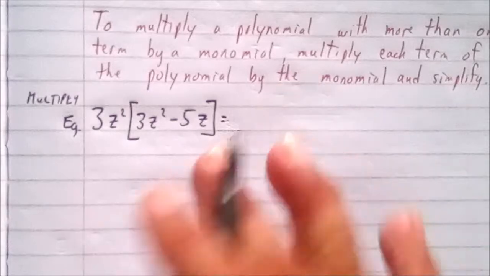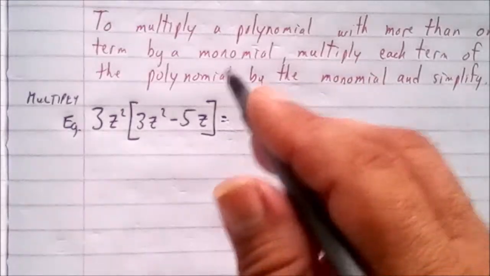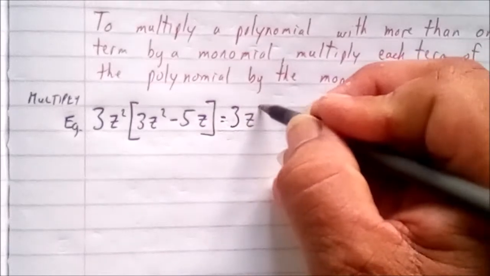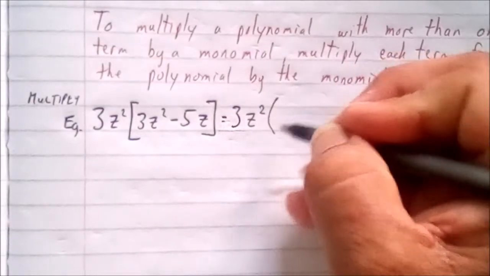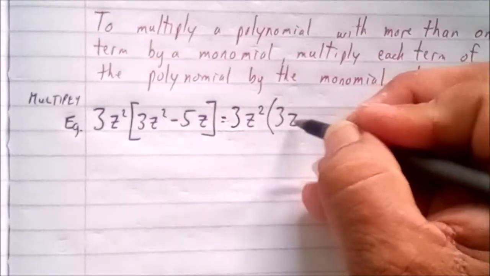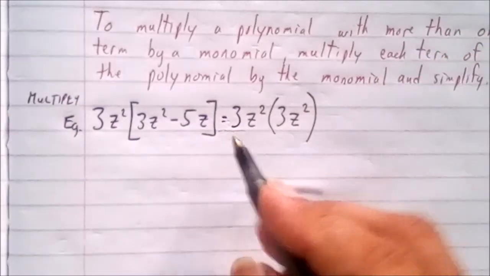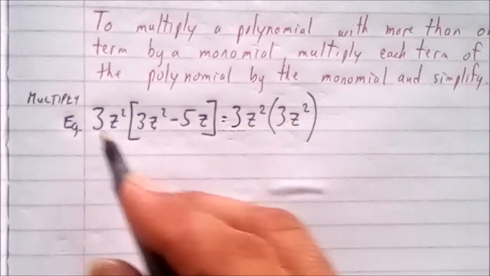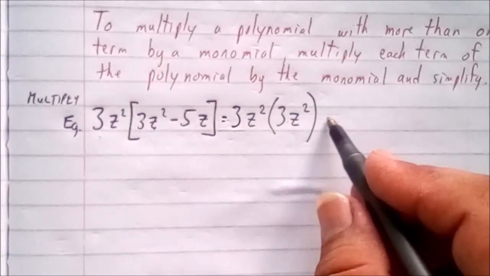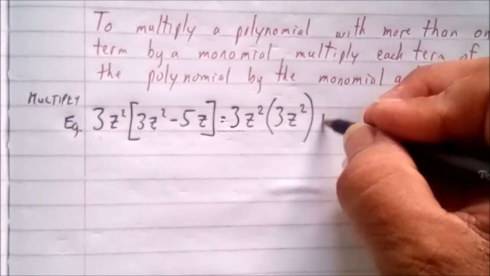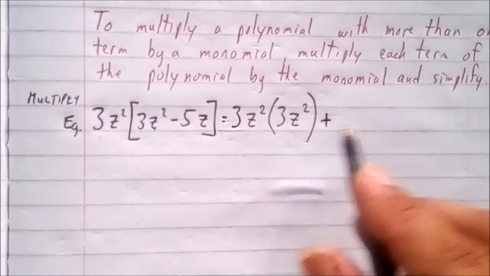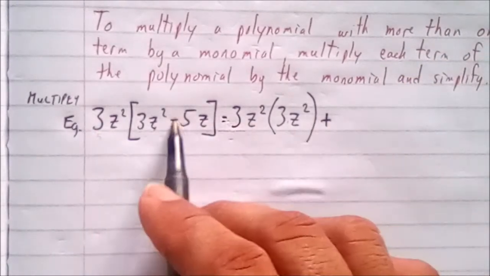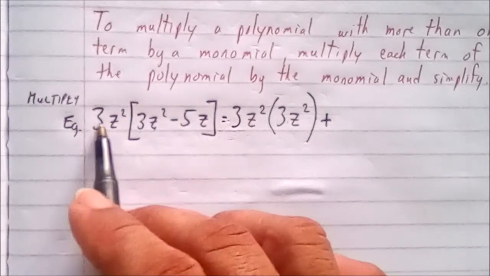So let me do it step by step as the description here follows. So put 3z squared, open bracket, 3z squared. This 3z squared is this one here, this 3z squared is this one. Then notice my sign here. I'm going to put plus, and it's not because I want to, but because this value here is positive, so you put positive regardless of what the sign is. So keep the sign of this term.